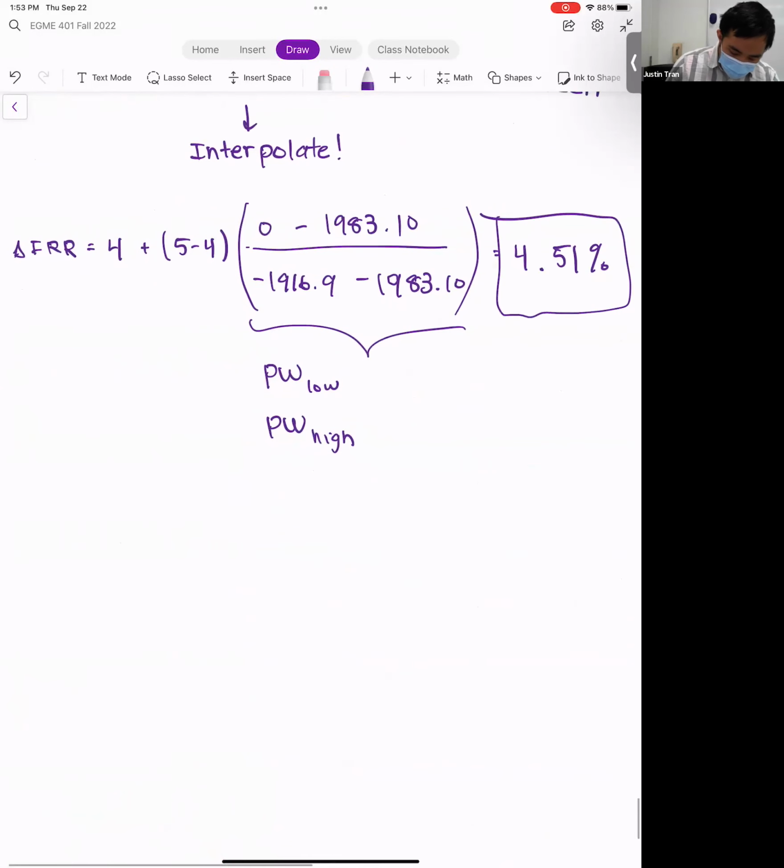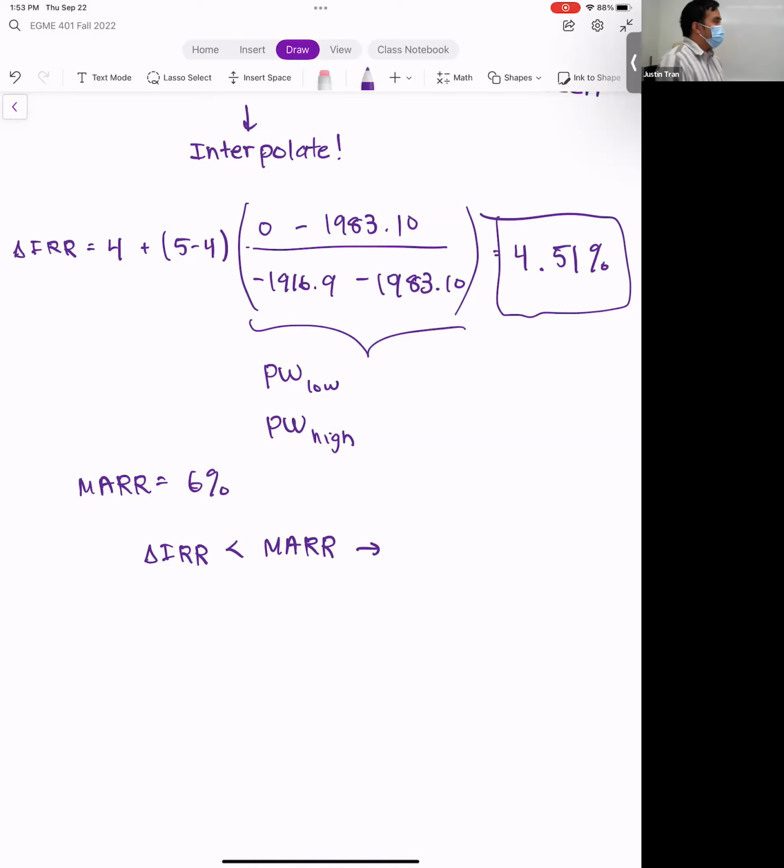Since the MARR here is 6%, the delta IRR is less than the MARR, because 4.51% is less than 6%. If the delta IRR is less than the MARR, what does this tell us? It tells us the better option is to go with the lower cost option.